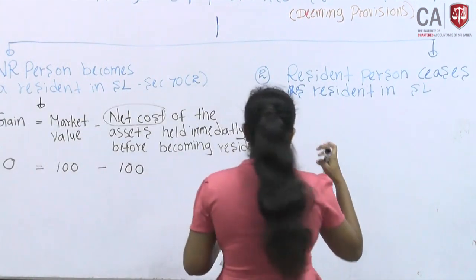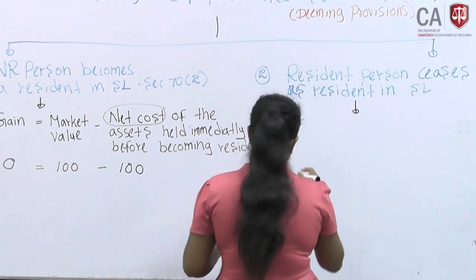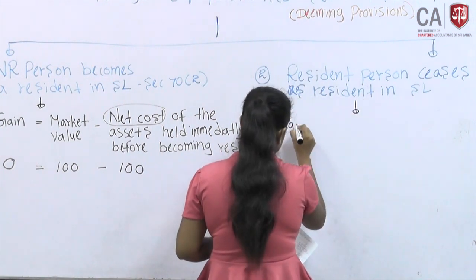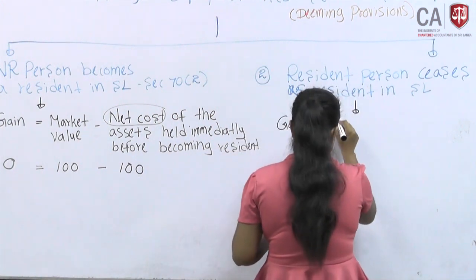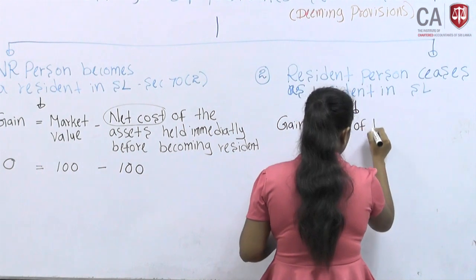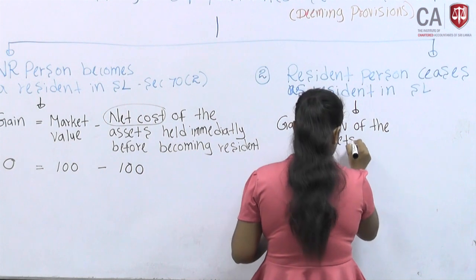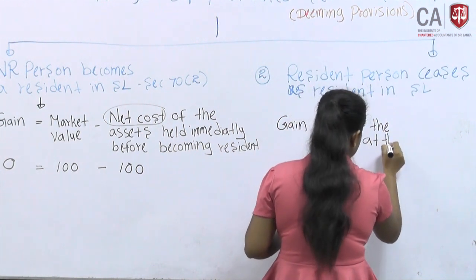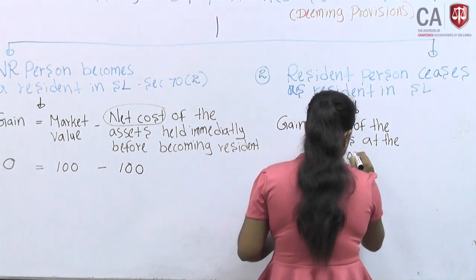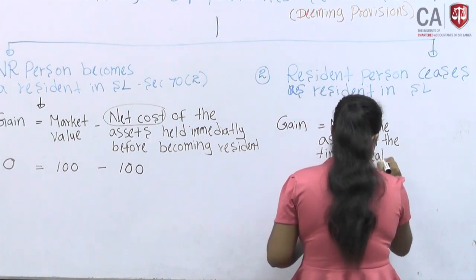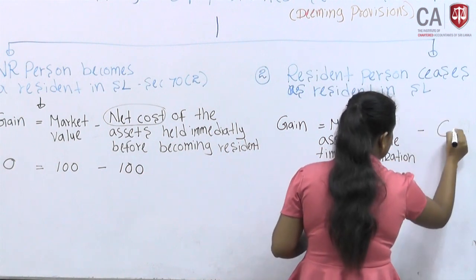Now the next part, resident person becoming a non-resident, in that the gain equals the market value of the asset at the time of realization minus cost.